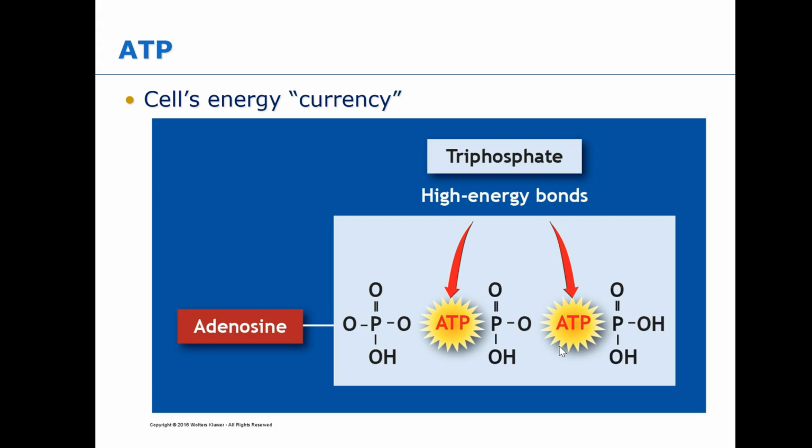If you watch the video on the energy transfer chain, it talked about the cleaving of the final phosphate bond, which removes one phosphate and turns adenosine triphosphate into adenosine diphosphate. If you're remembering your prefixes, Di represents 2 and Tri represents 3. So we've got our high energy bonds present in adenosine triphosphate, and when that energy is released, the final phosphate bond is cleaved and released, and we're left with adenosine diphosphate.